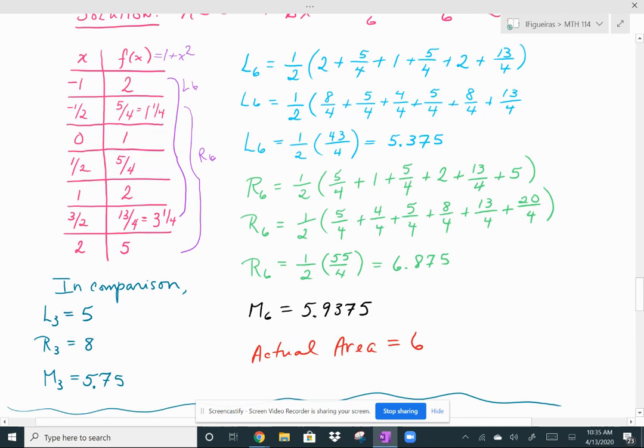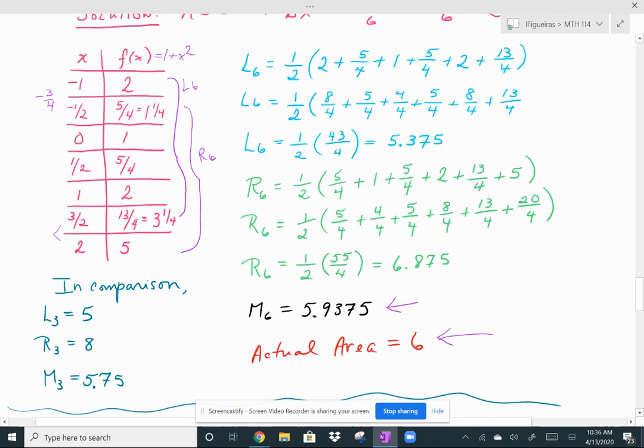You would have to get the midpoint of each of these. So for example, you would start with -3/4 and then keep adding a half till you get to the midpoint of the last two here. Add up all those heights, multiply by a half, and my M sub 6 is 5.9375. And so, as I mentioned before, for now you'll have to take my word for it.